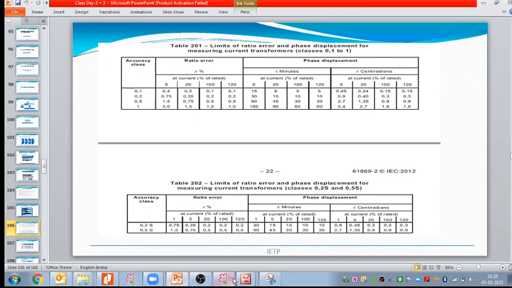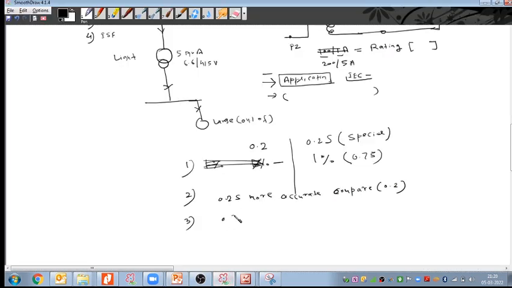So the next difference is that the 0.2 class CT will produce 0.2 percentage error at 100 to 120 percentage of the primary full load current. But the 0.2 S class CT will produce 0.2 percentage of the current error from 20 to 120 percentage of the range.